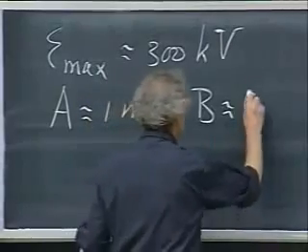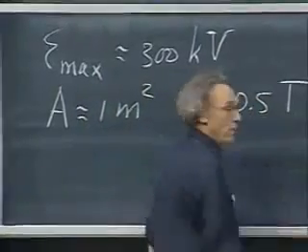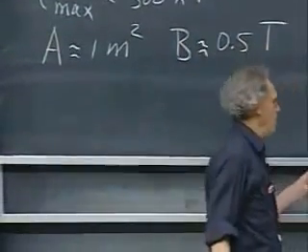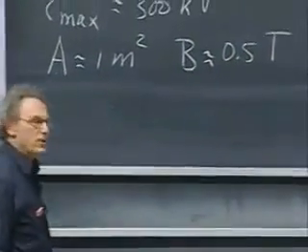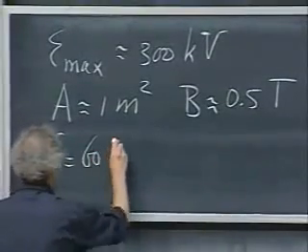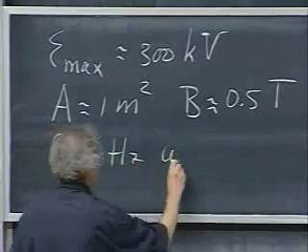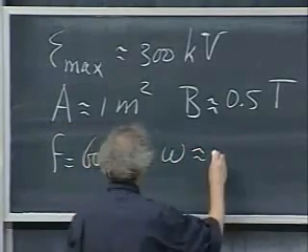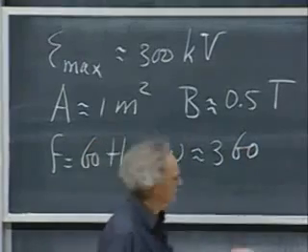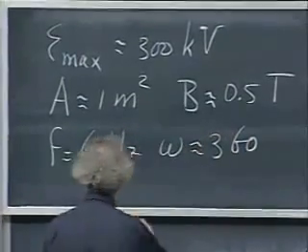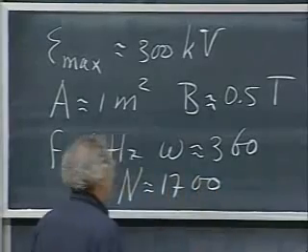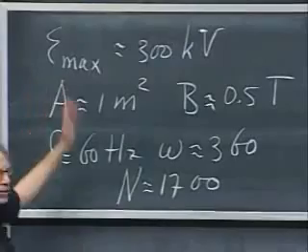It's by no means unreasonable numbers. And if now you want 60 hertz frequency, so your frequency f is 60 hertz, so your omega is 2 pi f, about 360 radians per second. If now you have about 1700 windings, and you can check that at home, then you get your 300 kilovolts.